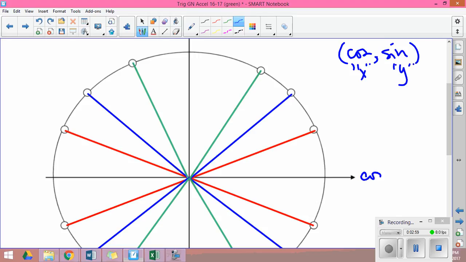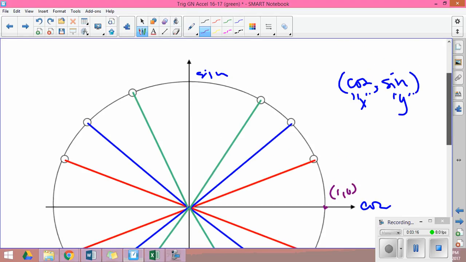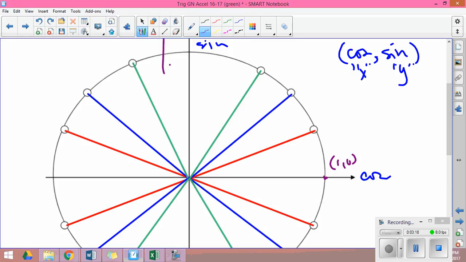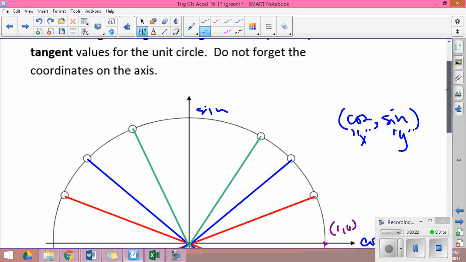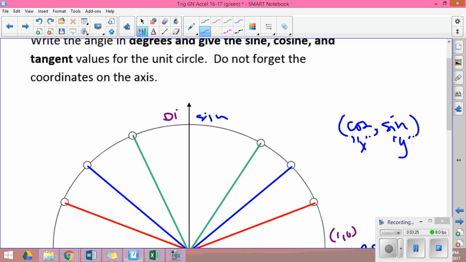This axis is our cosine axis, this axis is our sine axis. We have a radius of 1, and so this point right here is at 1, 0. This point at the top is at 0, 1.